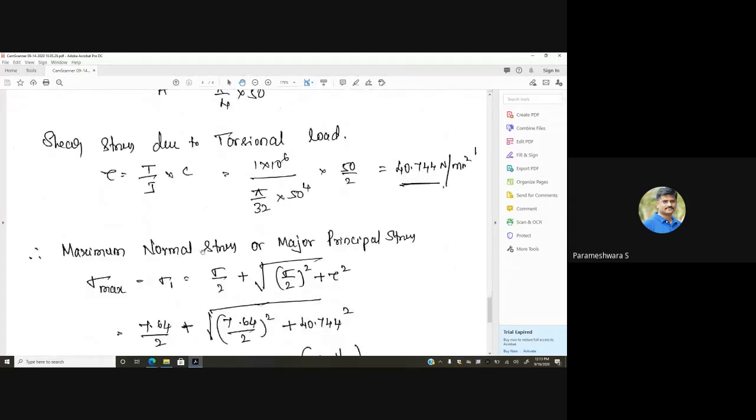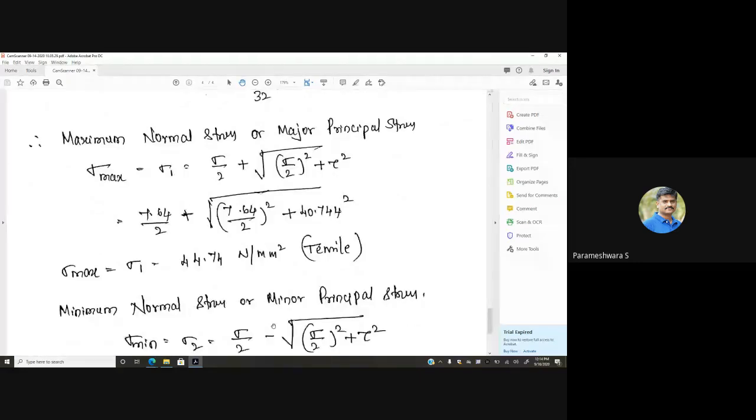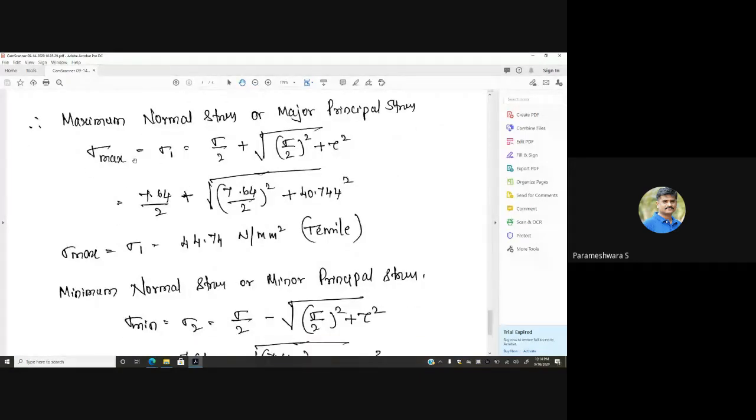And maximum normal stress. In the compound stress chapter in the mechanics of materials subject, we have derived the formula for maximum normal stress and minimum normal stress. The formula for maximum normal stress is sigma 1, and minimum we call sigma 2.